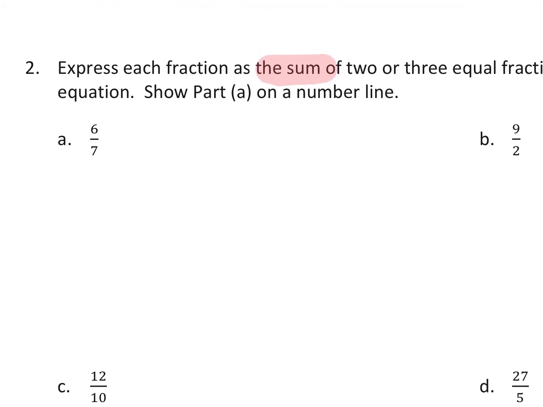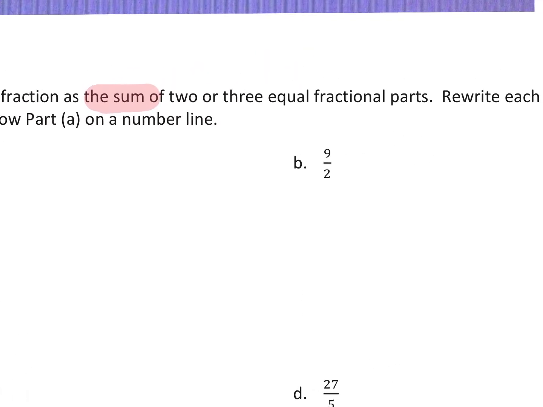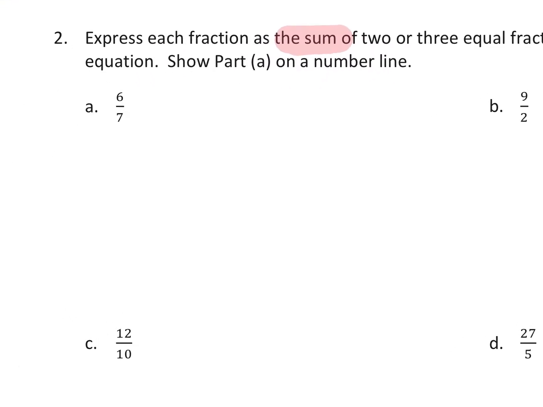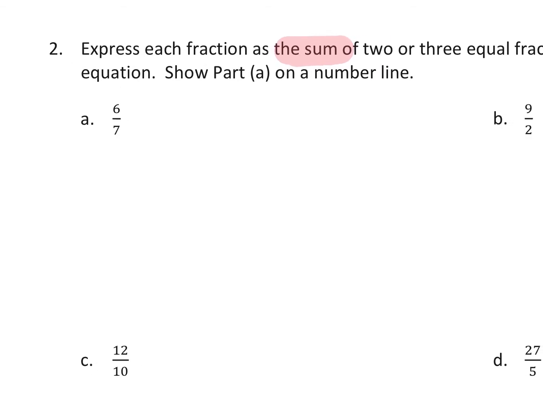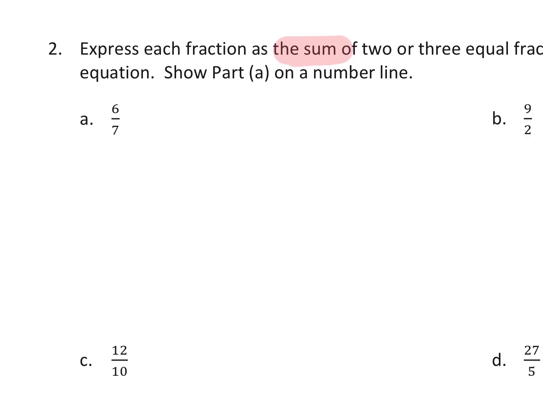6/7. So how do I do that? Well, it also wants them to be equal fractional parts. So that means I'm going to add something that's the same thing of itself to get to this. So what do I mean by that, Mr. Cooper? Well, what number plus itself is going to give me 6?